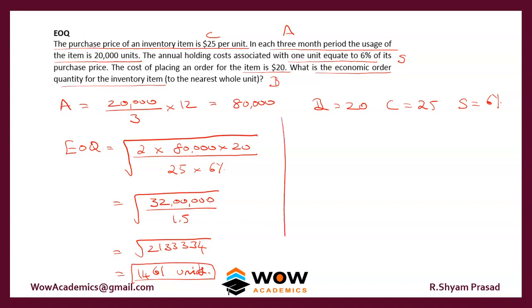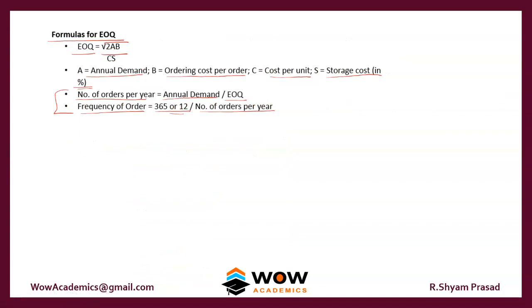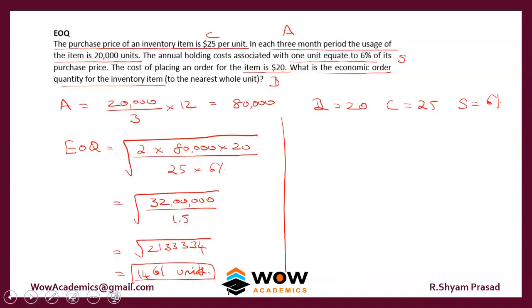So we'll also find out the other numbers. We'll find the number of orders per year and frequency of order. So we'll work it out here. So number of orders per year. In a year we need how many units? We need 80,000 units. So in each order we will order 1461 units.